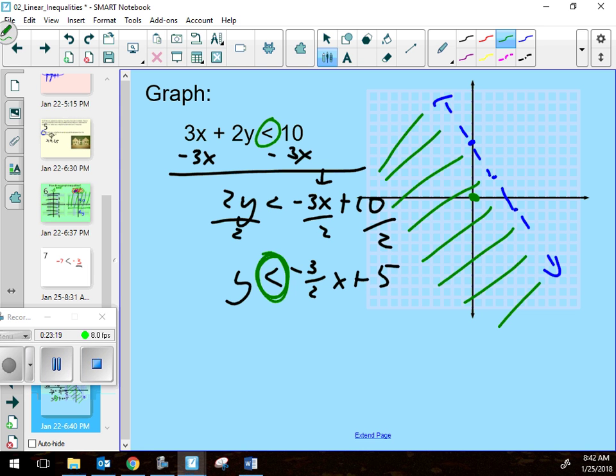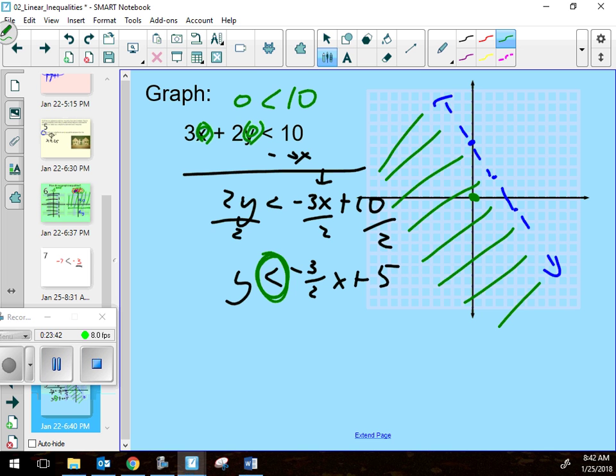Yeah, I shaded it, so it's supposed to work. So I'm going to check it back in the original, just in case I screwed up my algebra here. I'm going to check my 0, 0 here. I get 0 is less than 10. Is that a true statement? Yeah, looks like I shaded on the correct side. All right, that won't tell me if my line's off, but it'll tell me if my shading was off.